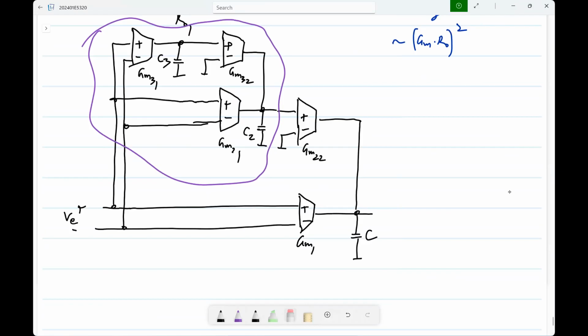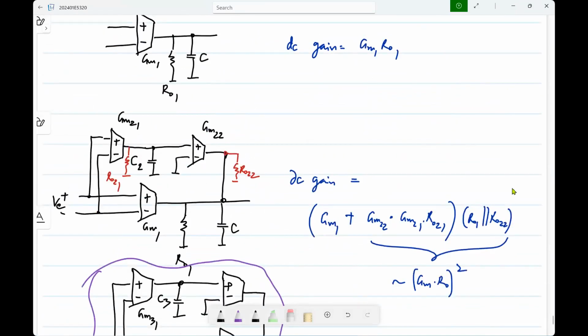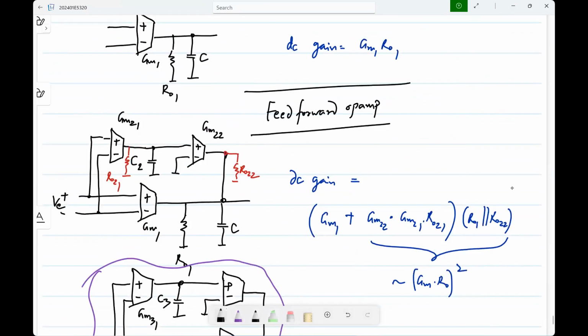This type of op-amp is called feed-forward op-amp. Okay. I mean, if you think of these as two stages which give you the dominant DC gain, you have a stage that is feeding forward directly from the input to the output.